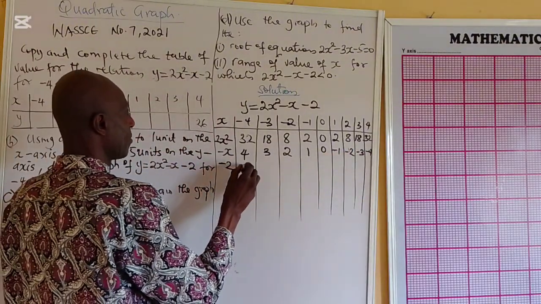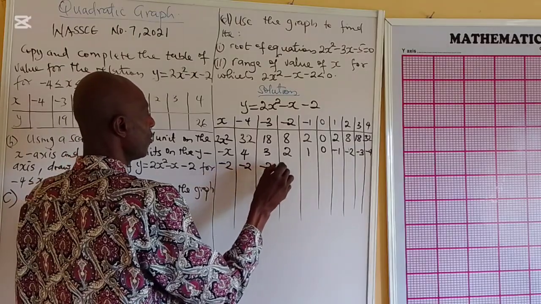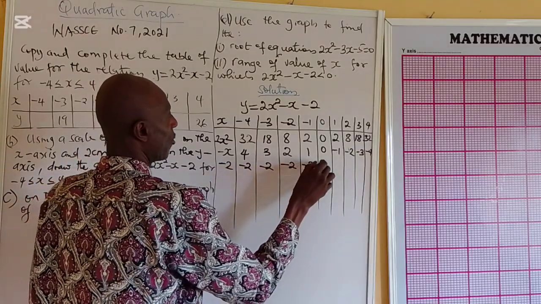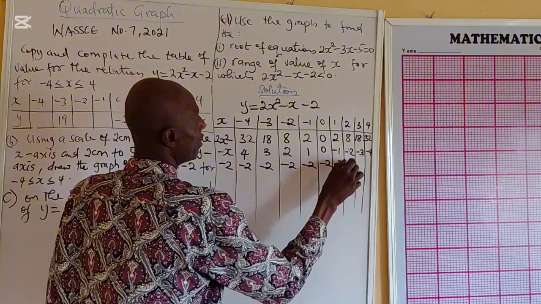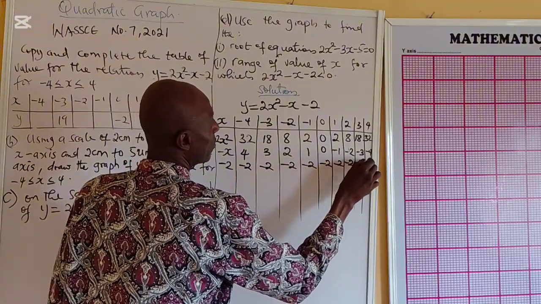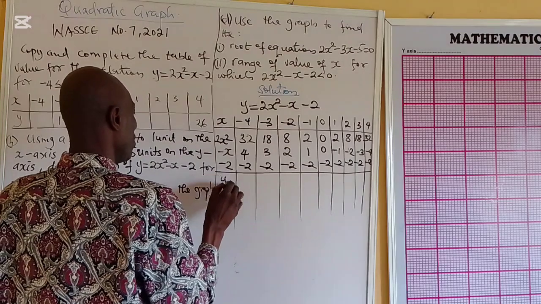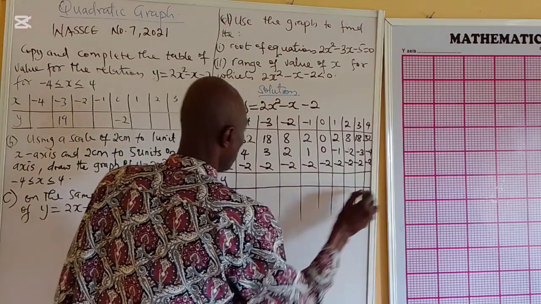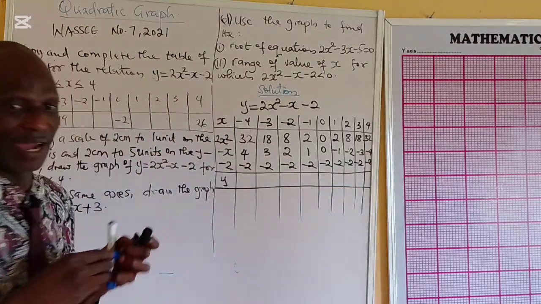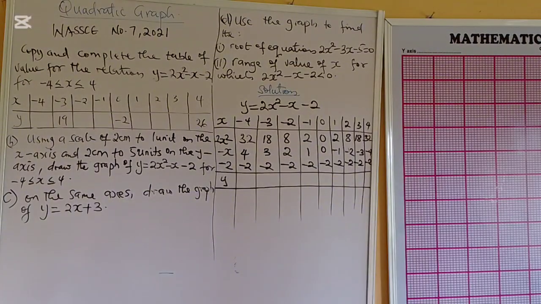And this is a constant number, minus 2, so you add the minus 2 across the expression. Okay? We are now looking for the value of y.